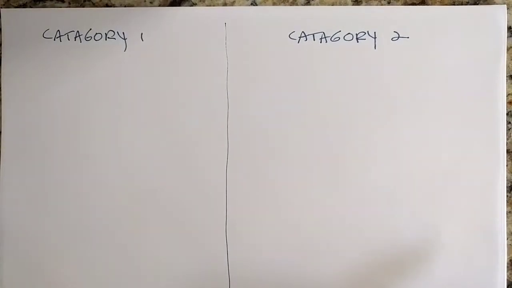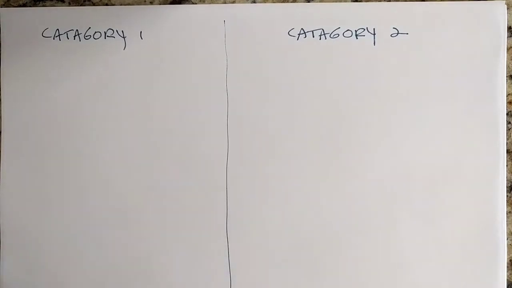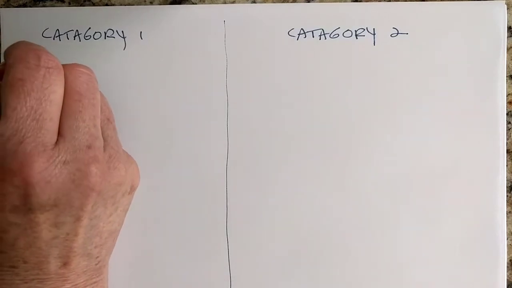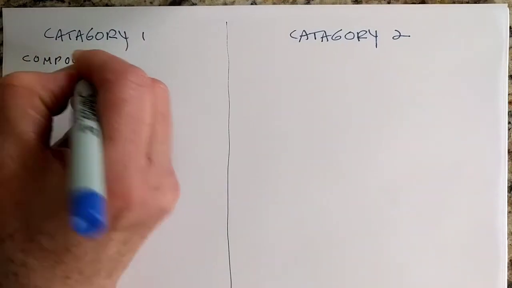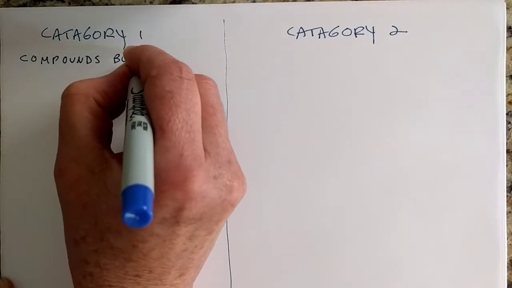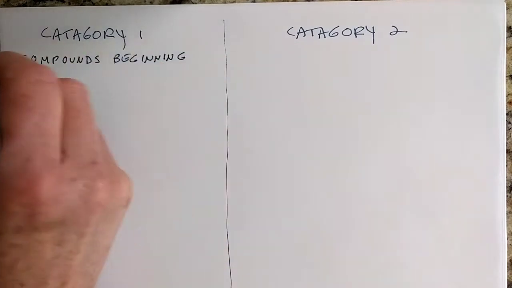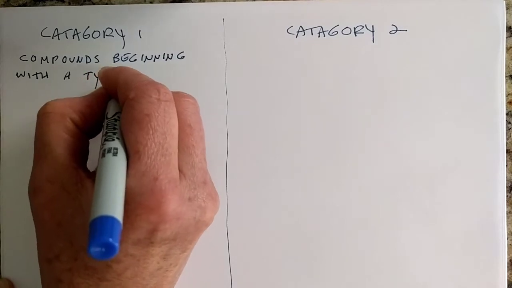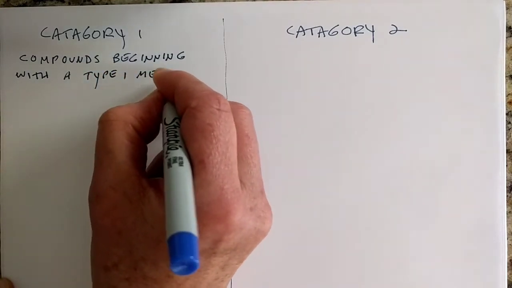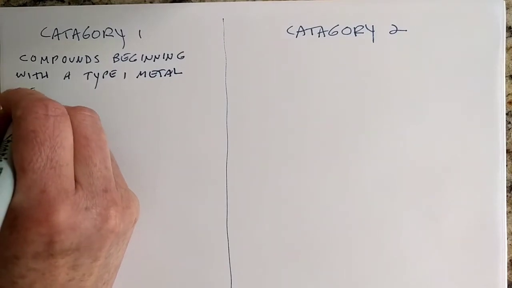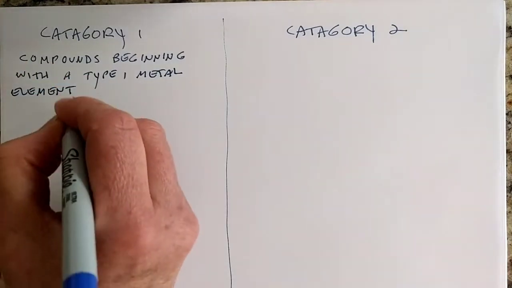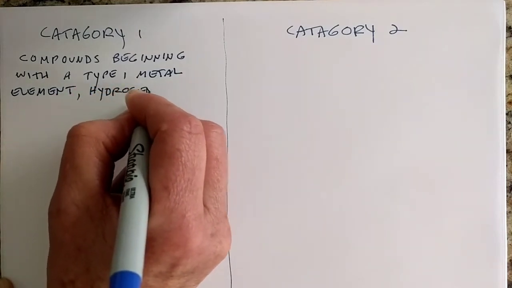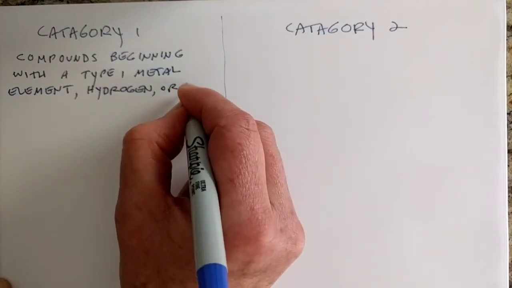For category 1, we are going to be writing the names for compounds beginning with a type 1 metal element, hydrogen, or NH4.